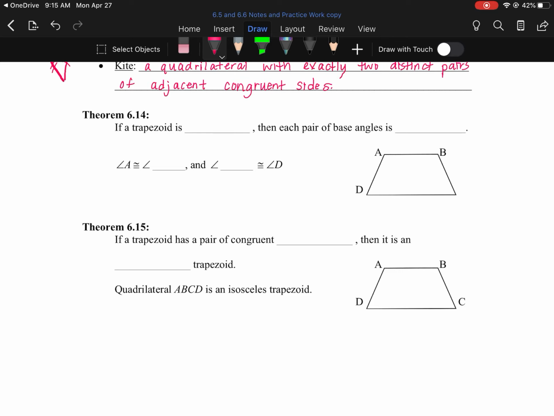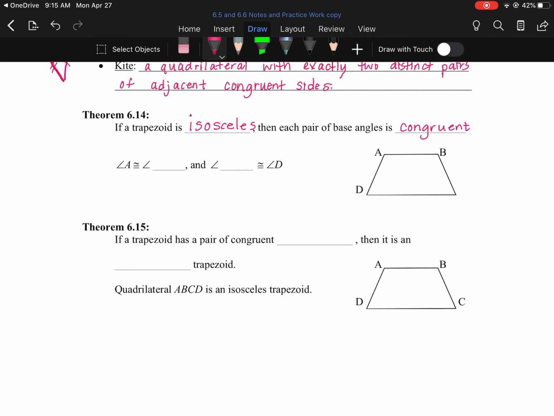Oh no, there's several more on the back. It says, if a trapezoid is isosceles, then each pair of base angles is congruent, just like an isosceles triangle.